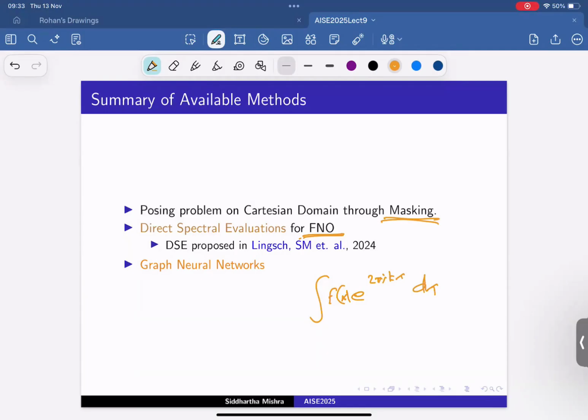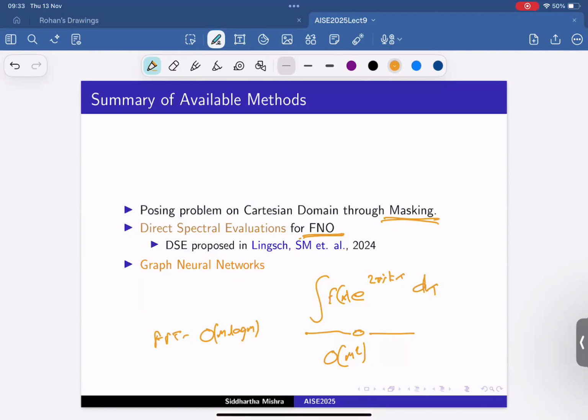The reason why FNO was restricted to Cartesian domains was the fast evaluation through FFT. FFT only works on Cartesian domains. If I want to directly evaluate this integral, then it is of order m squared, where m is the number of points. With FFT, you have m log m. So this was the reason why computational complexity was reduced.